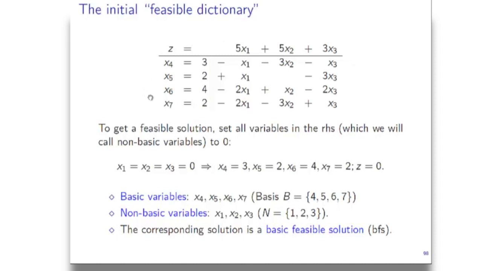At step 0, we have this dictionary. Our initial basic feasible solution is given by this solution here, so we just set all the non-basic variables to 0 and obtain the rest of the variable values. In particular, our objective value is 0. The question is, how do we obtain a better solution from the given solution?